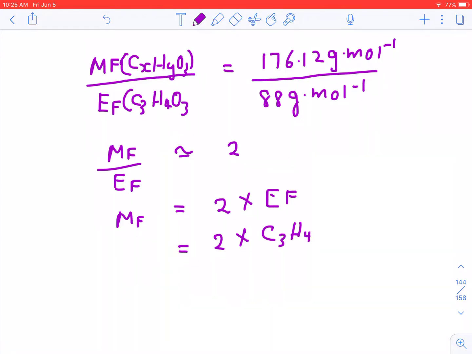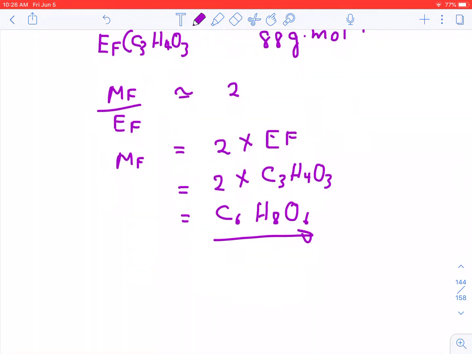If I multiply throughout by 2, it becomes C6H8O6. So that is my molecular formula. And you can double check that.